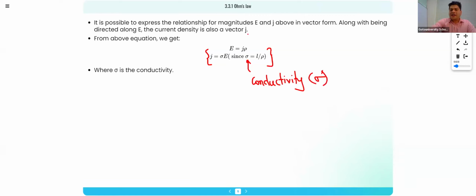What is current density? Current density is represented by J. It is current per unit area.